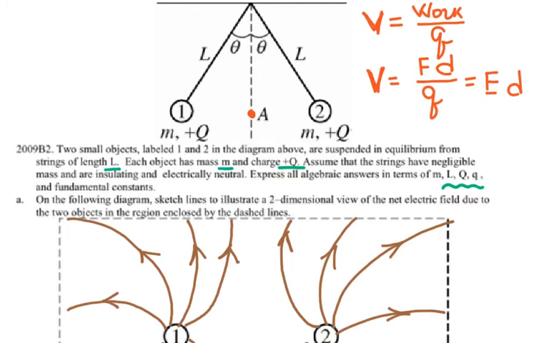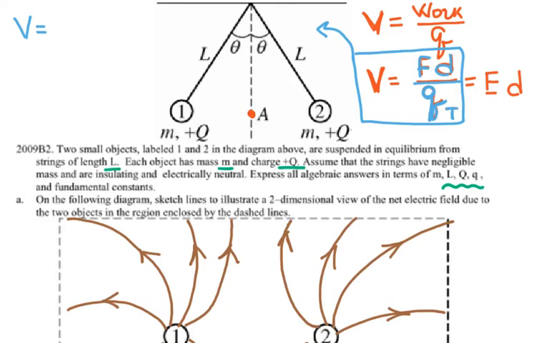Another good formula to know, I'm going to put this one over here and work it out on the other side. The voltage is equal to the electric field force times the distance over the charge. And this charge is a test charge. So the Q at the bottom is the test charge that plays into the electric field.